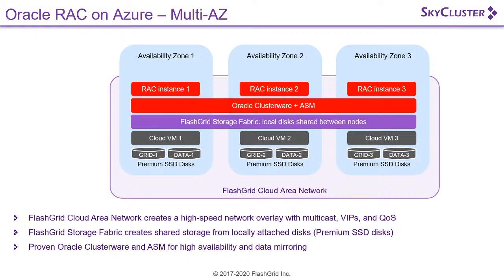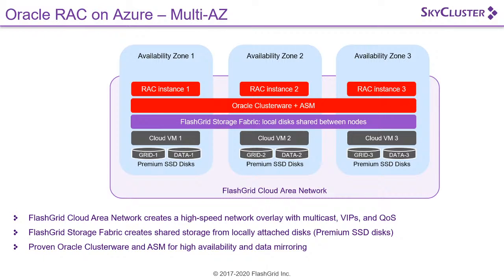More specifically, those are multicast, virtual IPs, and moving those virtual IPs transparently between the nodes, and also quality of service for different types of network traffic.